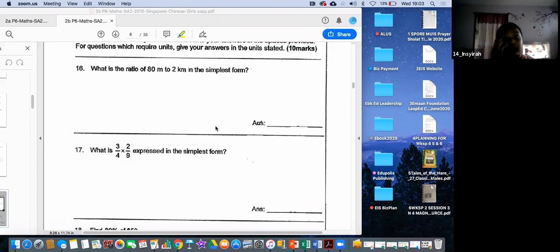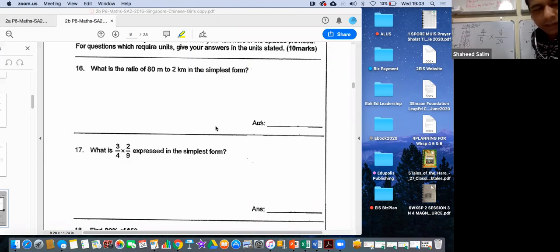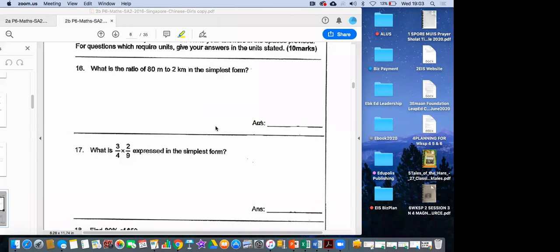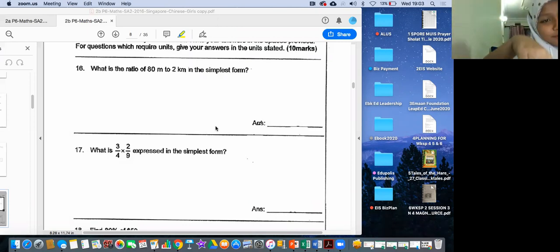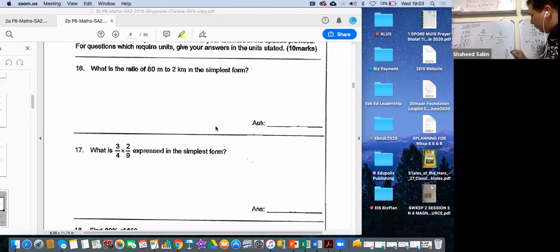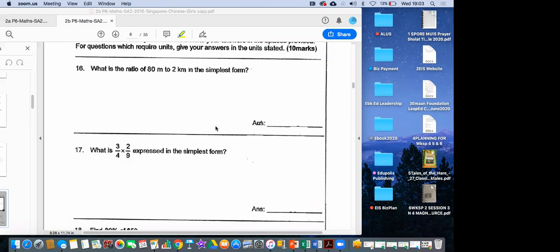Any number that the top can divide by, bottom can divide by, reduce them. One person say 8 over 25, the other one say half. Okay.